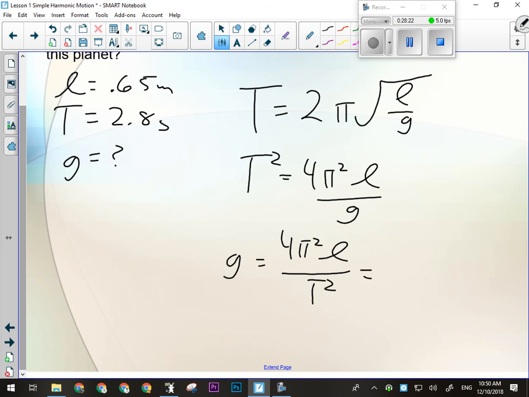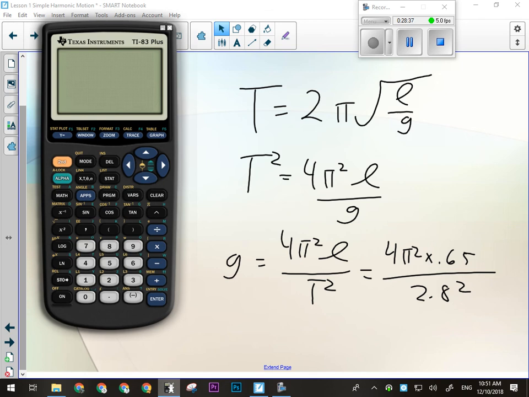Most common mistake is forgetting to square T when they do this calculation. So 4 × π² × 0.65 meters divided by 2.8².